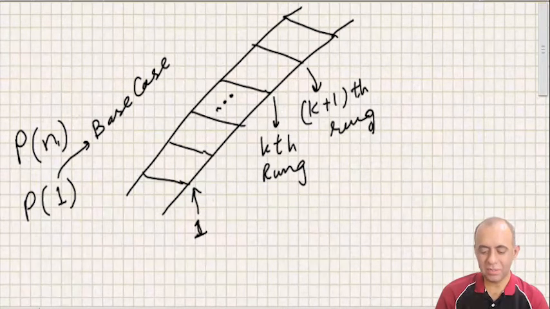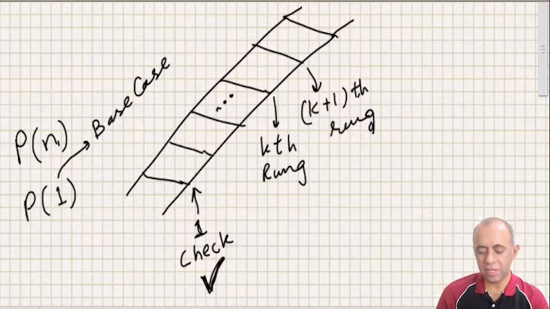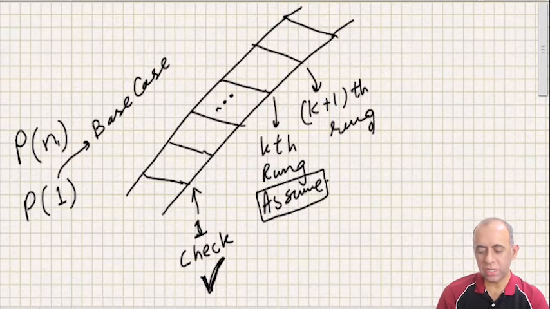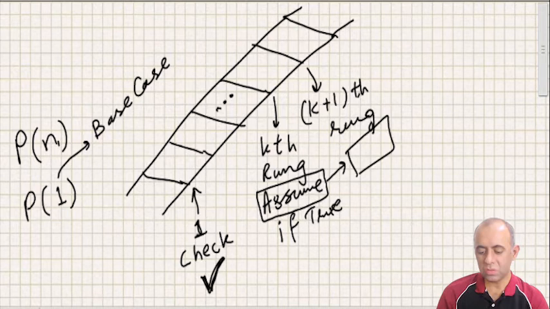This is our check. If this check comes out okay, then we assume this part, this is our assumption, and based on this assumption we check whether, if this assumption is true, the k plus 1th thing is also true. So we check this part.